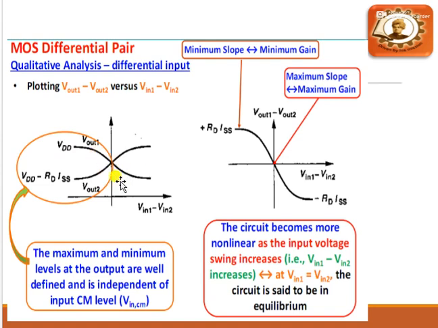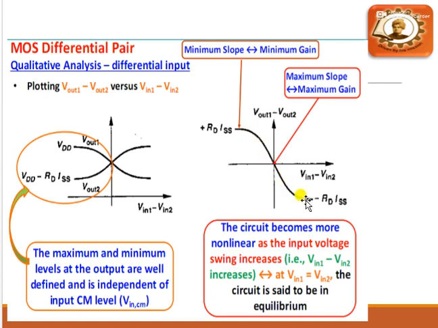In the next figure we draw the difference Vout1 minus Vout2 with respect to VIN1 minus VIN2. It is clear that if we increase the input swing voltage, the circuit will move to our nonlinear region.